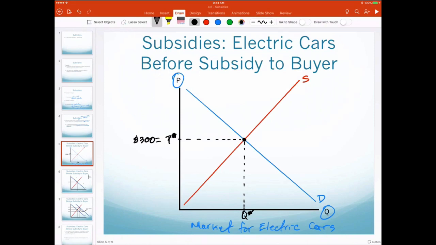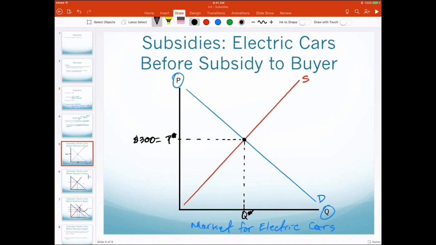Okay? All right, so now before we go to the next slide, the question is, this is a subsidy, so money's being given to the buyers, right? If we go back to our example, the buyers are going to get the $225, okay? So the question is, which curve do we shift, right? Again, it's just like taxes, right?